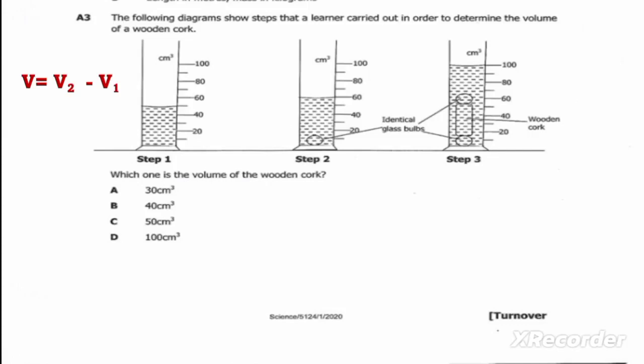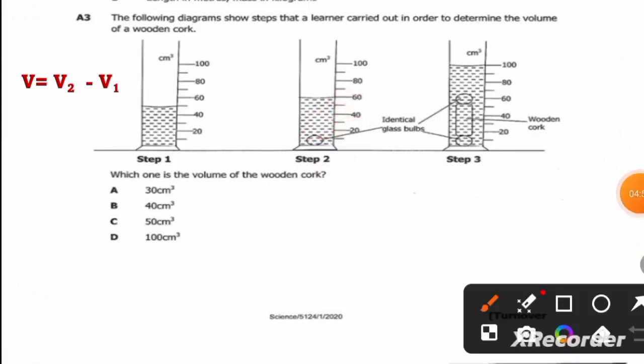The initial volume of the liquid here is 50 cubic centimeters. After immersing the glass bulb into the liquid, we can see that the liquid has risen from 50 cubic centimeters to 60 cubic centimeters. So we can easily say the volume of each glass bulb is 10. Why are we saying 10?